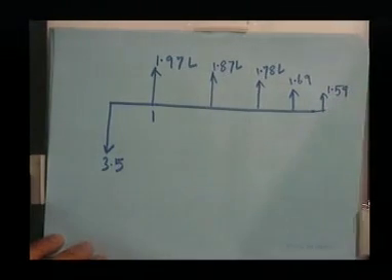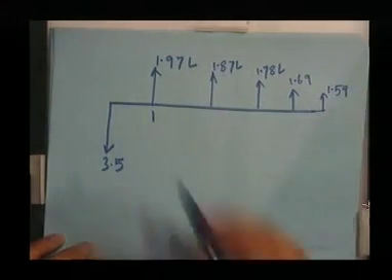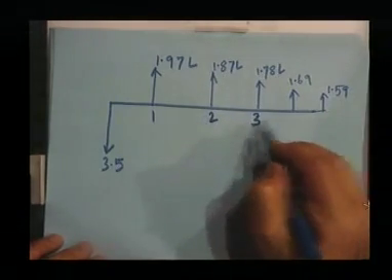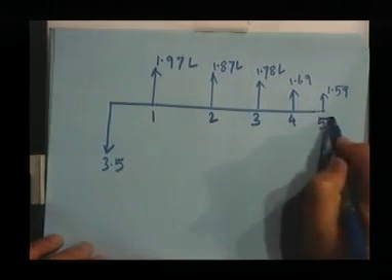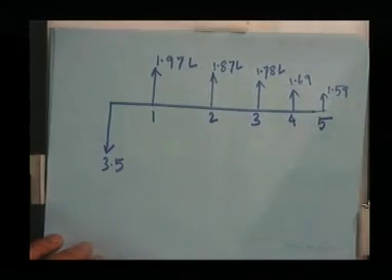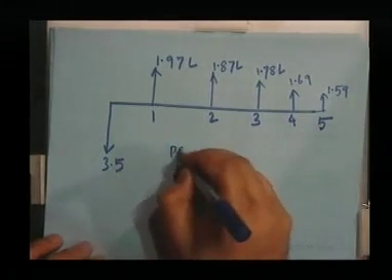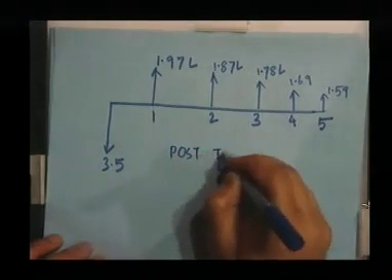Please check these values, 1.59 lakhs. This is year 1, 2, 3, 4, 5. This is the post tax cash flow diagram.